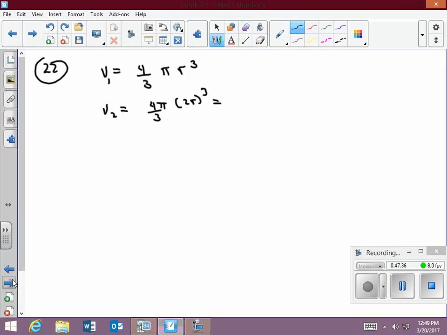So this is going to be 4/3 pi and it's going to be 2 cubed r cubed. So if you take the 2 cubed out in front and you do 4/3 pi r cubed, then this is 2 cubed and this is the old volume.